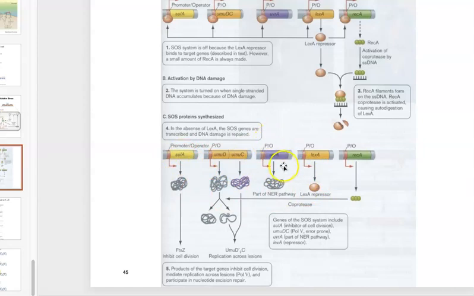In this particular case, UvrA, for example, is part of the nucleotide excision repair pathway. This means that it can fix mutations. And UmuD and UmuC are error-prone polymerases that can replicate across banged-up DNA, DNA with lesions. So these guys are active in times when there's lots of damage to the DNA.